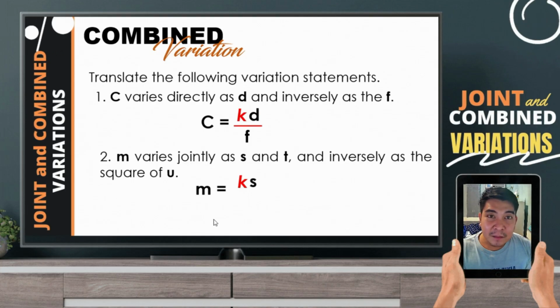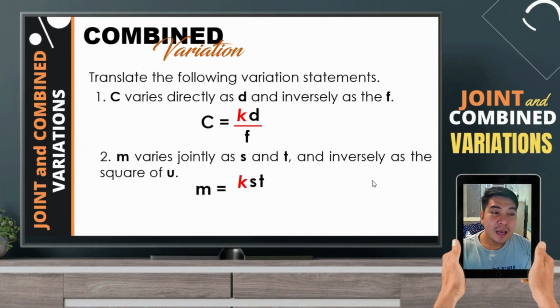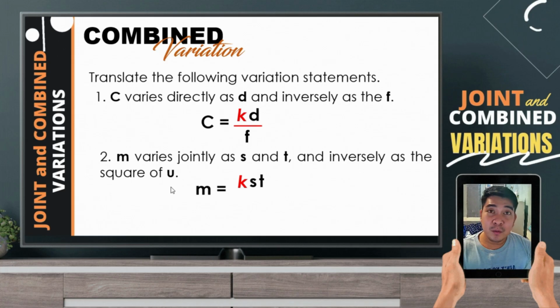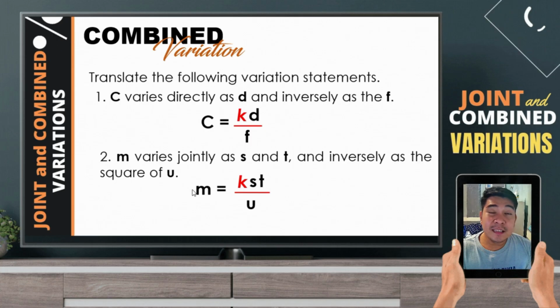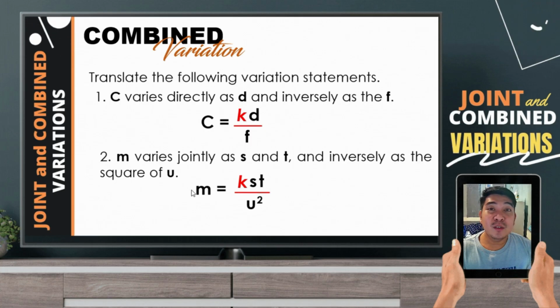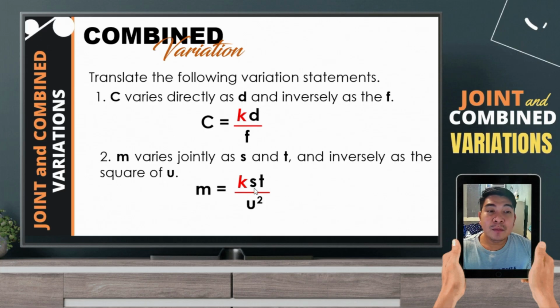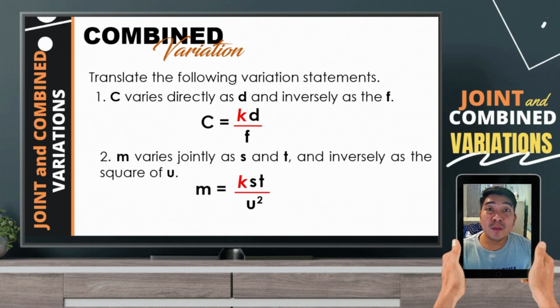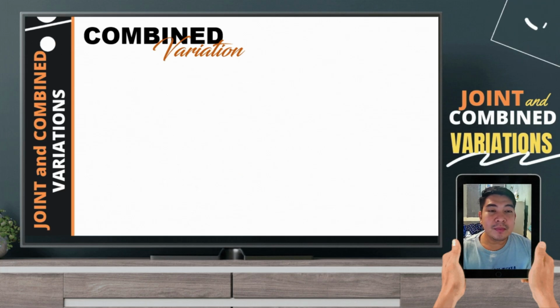So that will be S times T. And inversely as the square of U. Inversely, so therefore divided by U. Since it is square, we need to square U. So therefore, we have M is equal to K times S times T all over U squared.